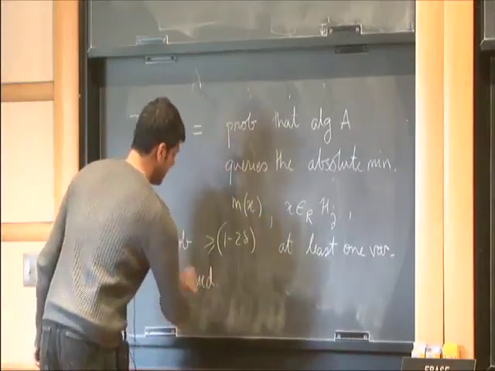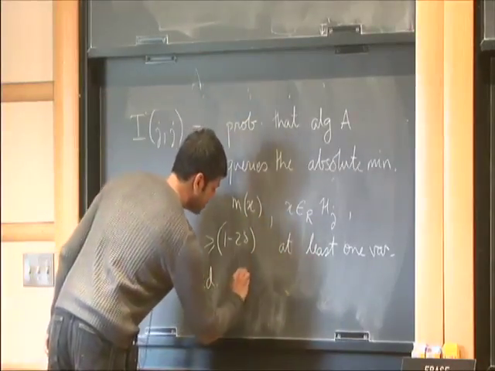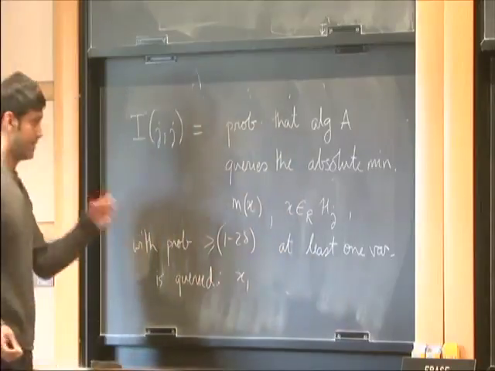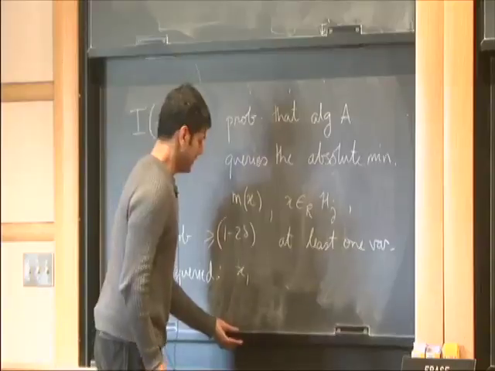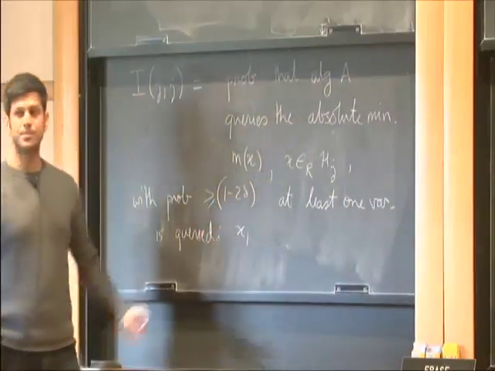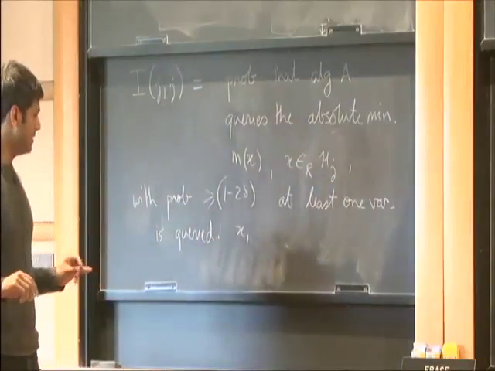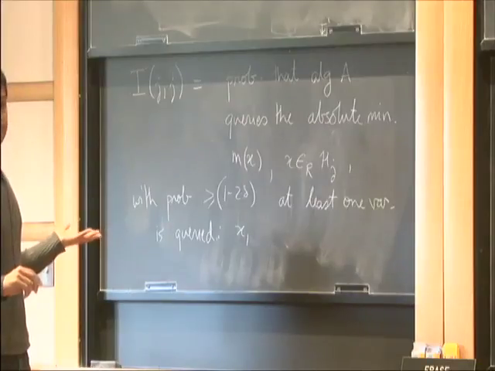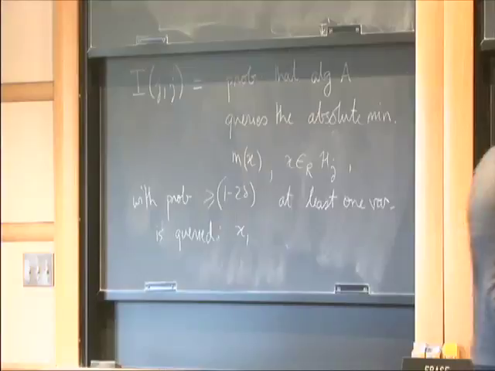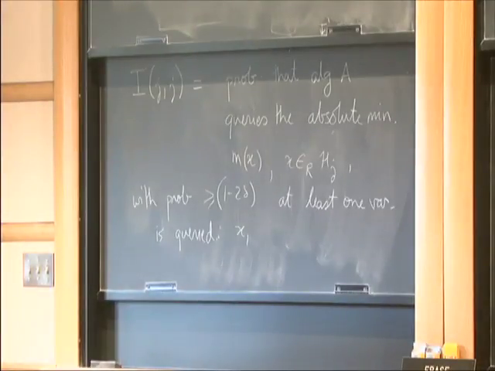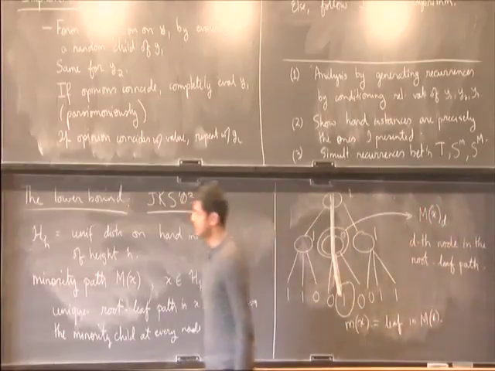Okay, and let's say it's x1. It doesn't matter. The whole thing is symmetric under the hard distribution. The probability that this one variable, the one that is queried first, is the absolute minority is at least 1/3 to the h, because of the way the hard distribution is defined.